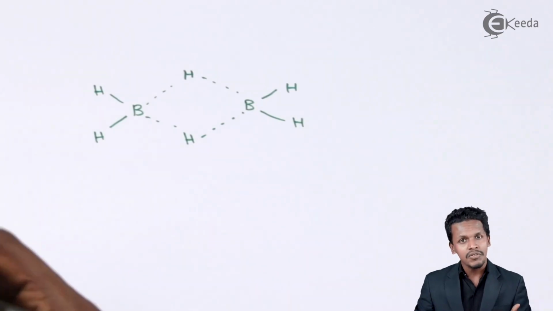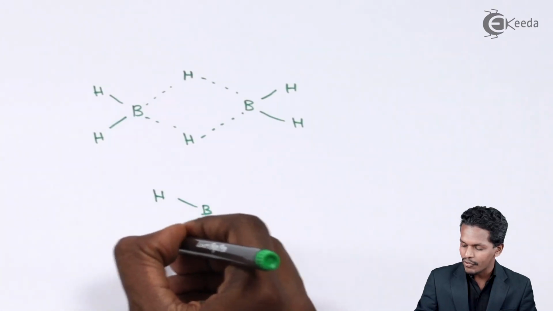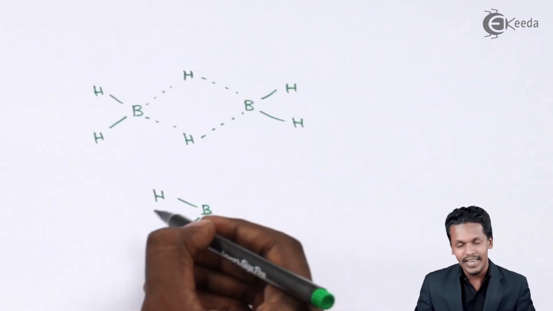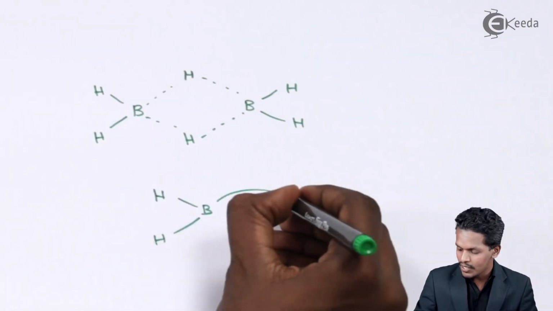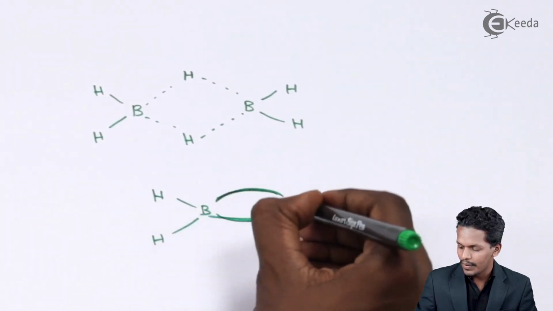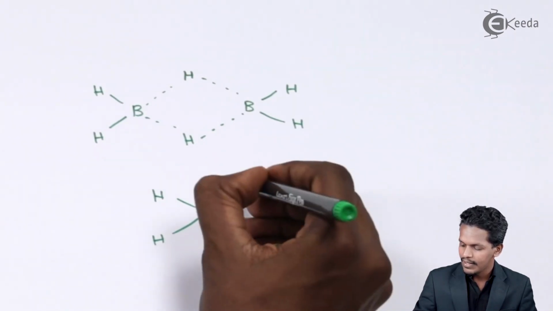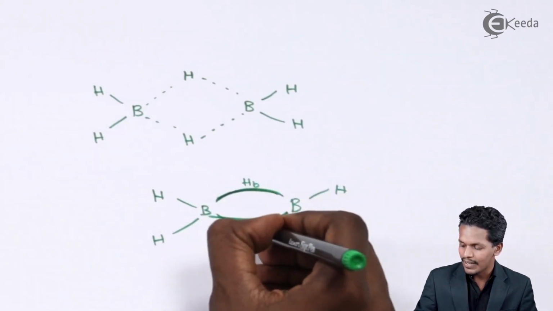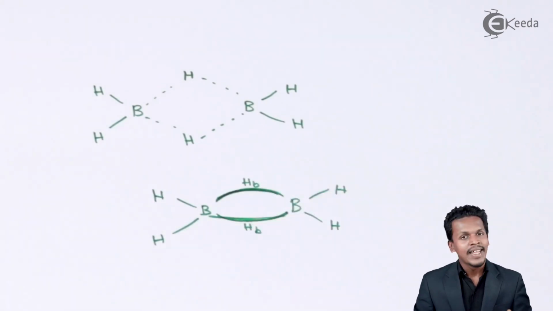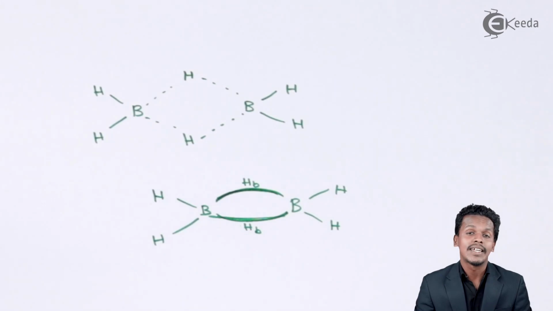Yes, we could also write the structure in this way, where 2 hydrogens are attached to the boron, and this is how a kind of bent shape bond will be obtained, and this is the hydrogen that forms the banana bond. So this is what I want to talk about in a brief manner.